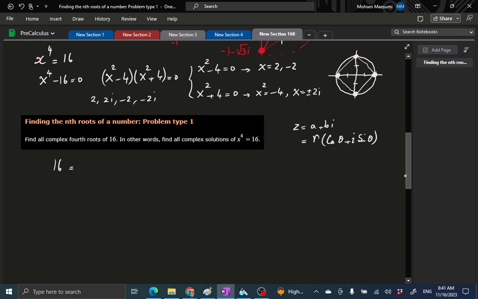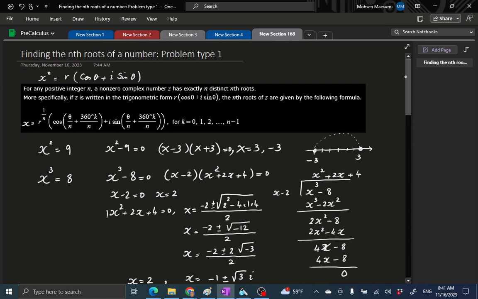So this is 16 really times cosine of 0 plus i sine 0, because I am at angle 0, cosine 0 is 1, sine 0 is 0. So my theta is 0. My r is 16.